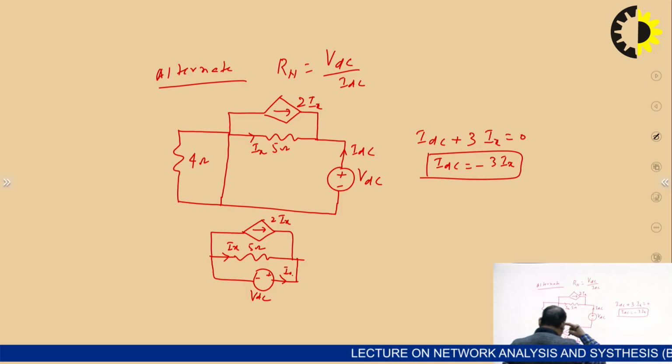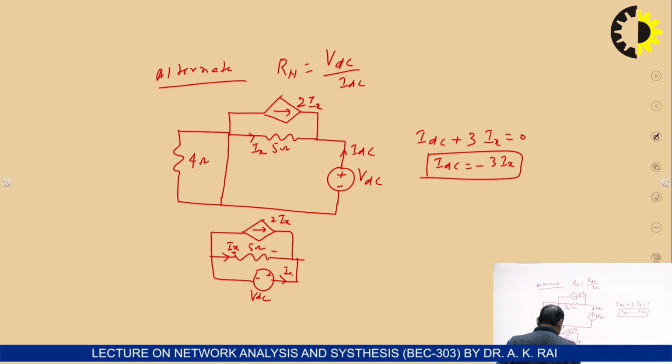So we can see that for the current point of view, for Ix plus is here, for VDC plus is here, minus here.